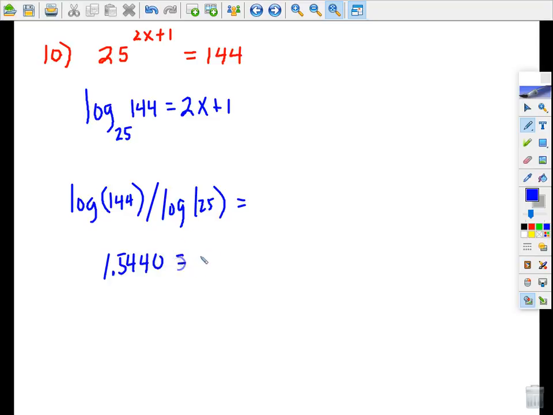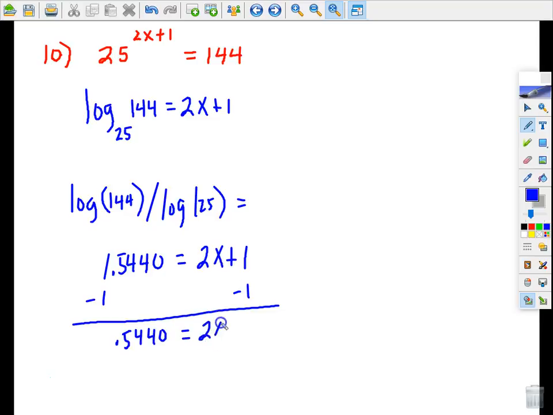Okay. Now, what we've done so far is we've got the decimal form of this left side, and this is a little different because in order to solve this for x, we should know what to do here. We're still going to need to subtract 1 from both sides. Okay, so we'll show what that looks like, 0.5440, and now we still need to divide by 2 on both sides.